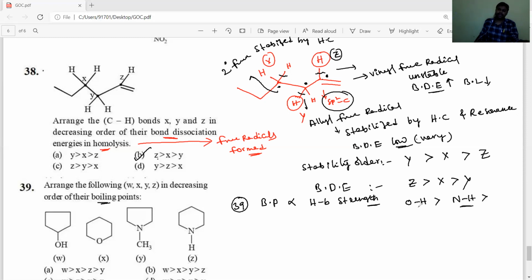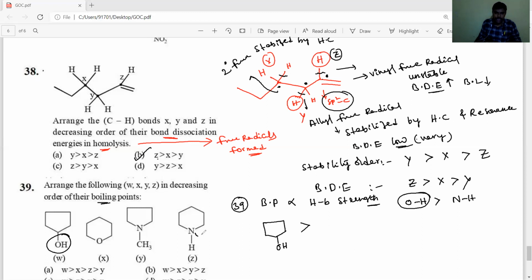That's why this alcohol has more boiling point. So this pentyl alcohol has the highest boiling point.